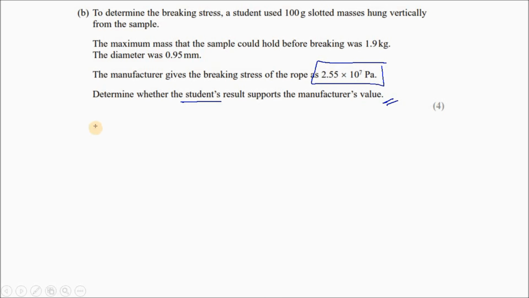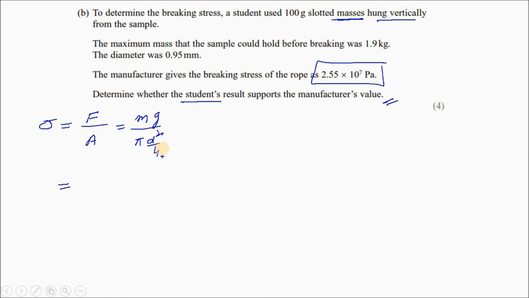Okay, so let's just figure out the stress, which is sigma equal to force upon area, and in this case, because the student is hanging mass vertically, this force is basically the weight of the hanging mass. So mg divided by area, and area is pi d square by 4.